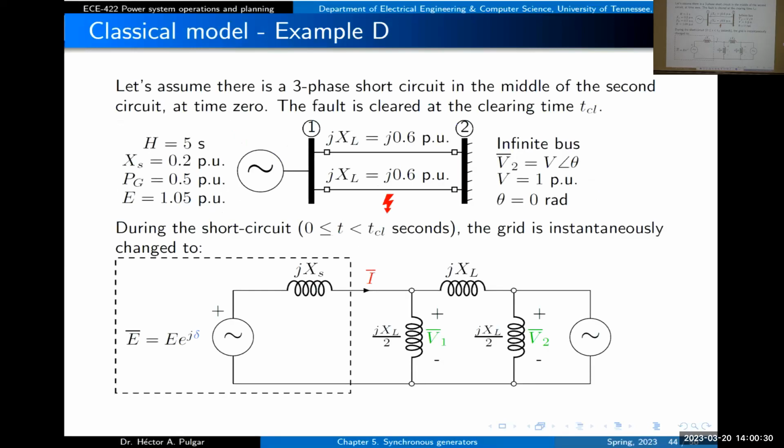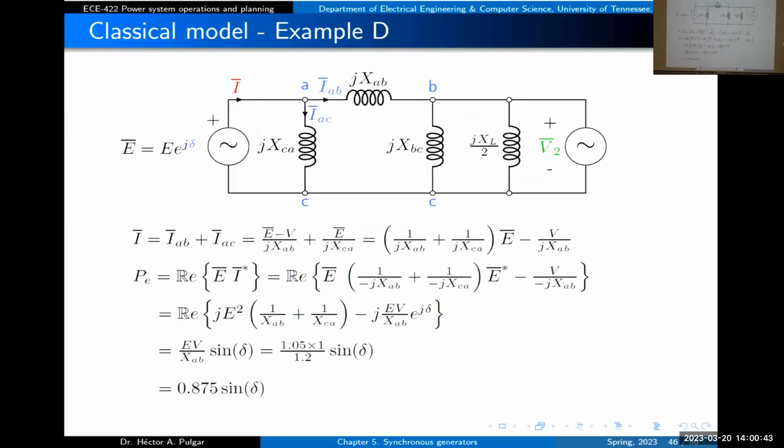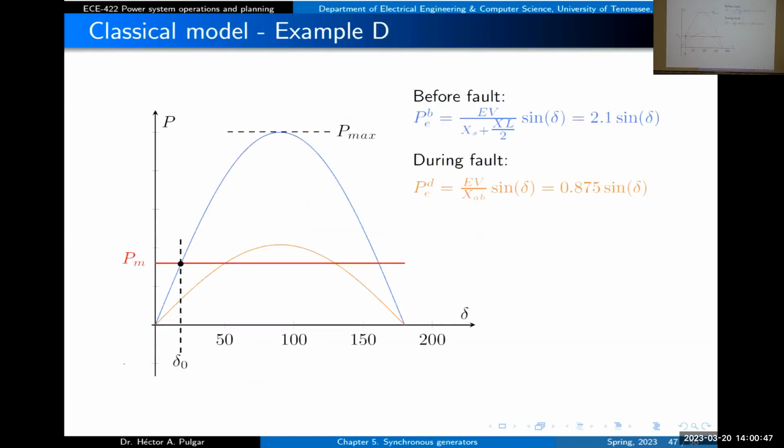In this case, when you have the short circuit, the grid representation is a little bit different, more complicated, but we went through this example and discussed how we can solve this case. In this case, electrical power is not sent to zero during the short circuit, but the machine will have some power coming out of the machine. So the accelerating power will be less here.